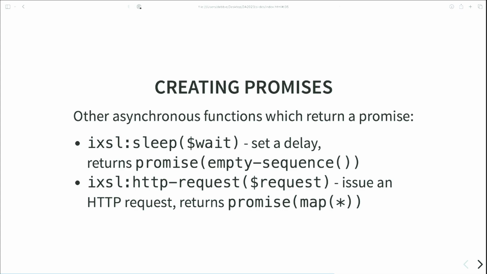It returns an empty sequence. Whereas ixsl:http-request takes a request represented as a map and issues that request, and then it returns a promise of your HTTP response, also represented as a map.